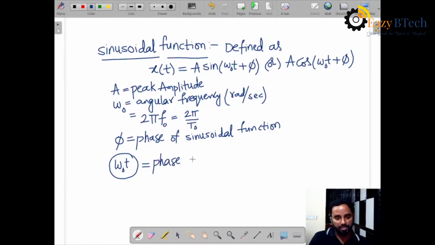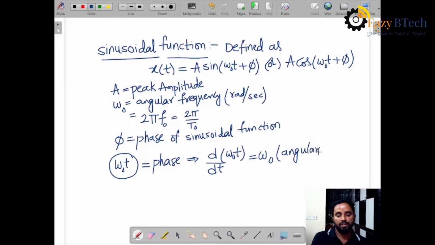If you differentiate phase with respect to t, what will be the result? Differentiation of omega naught t is omega naught. What is it? Angular frequency.